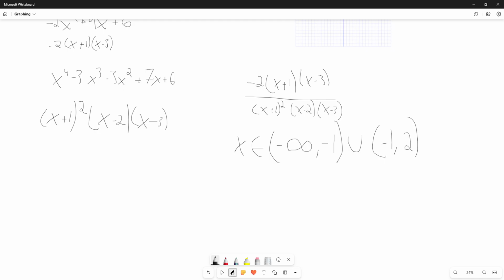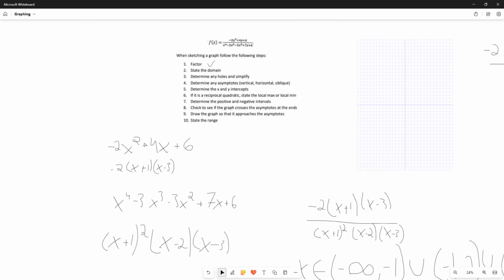Remember, these are all circle brackets because it never actually touches these points. And union from 2 to 3, and union from 3 to infinity. Now, that was our second step. We can check that off.